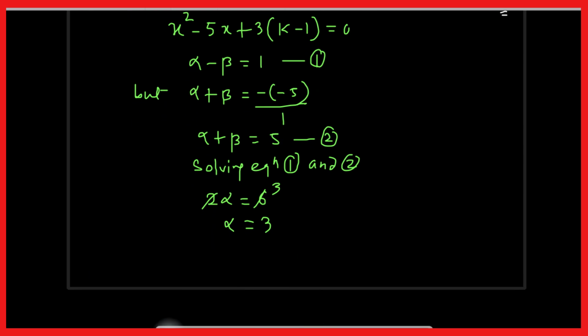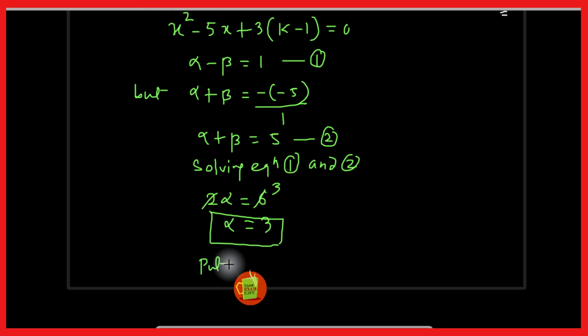Now you have got the first root, that is alpha. So highlight that important step. Alpha is equal to 3. Now put the value of alpha in either equation number 1 or equation number 2, so you will get beta, the other root.